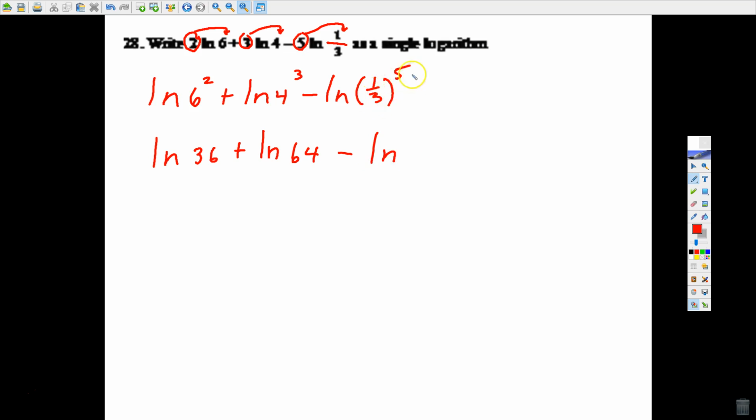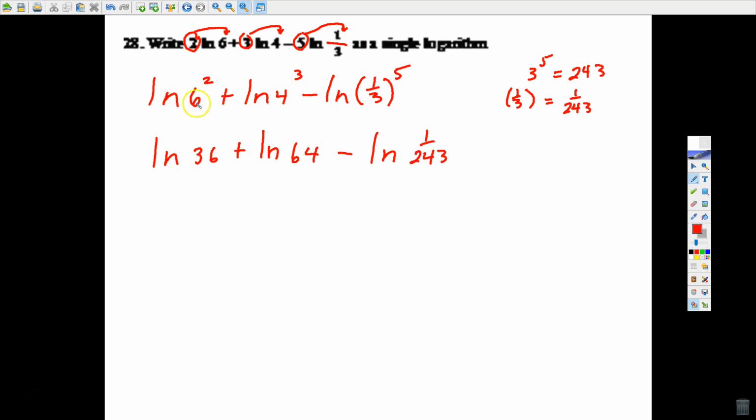I've noticed fractions sometimes give people a little bit of trouble, but if you understand what 3 to the fifth is, 3 to the fifth is 243. 1 over 3 to the fifth, now you're just multiplying 1/3 times itself 5 times, and that's just 1 over 243.